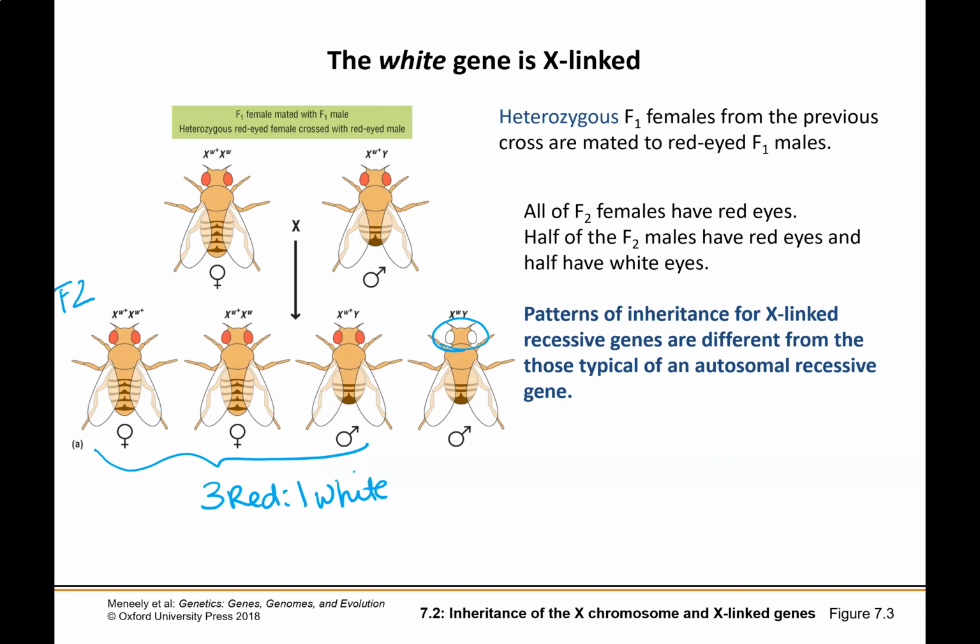Now I want you to notice something though. The only individuals that have white eyes are males. Now this is curious. This is not something that they had seen before. This is not a typical Mendelian inheritance pattern because the trait is limited to one sex. It's limited to only males.